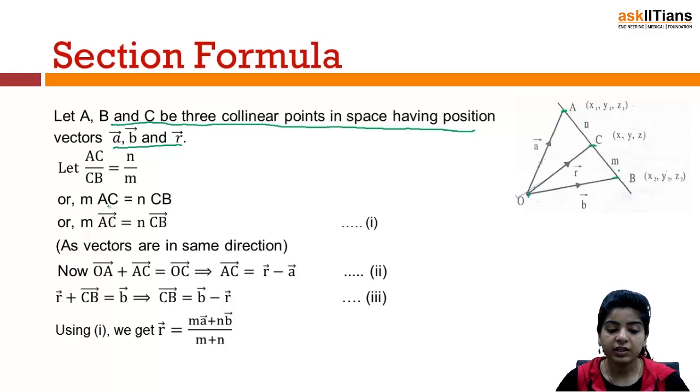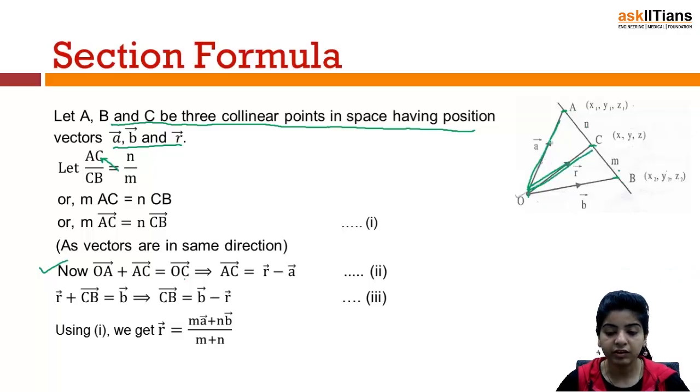Or M into AC becomes N into CB. M into AC vector is N into CB vector because the vectors are in the same direction. Then OA plus AC is OC. Quite obvious, we have already discussed these concepts.